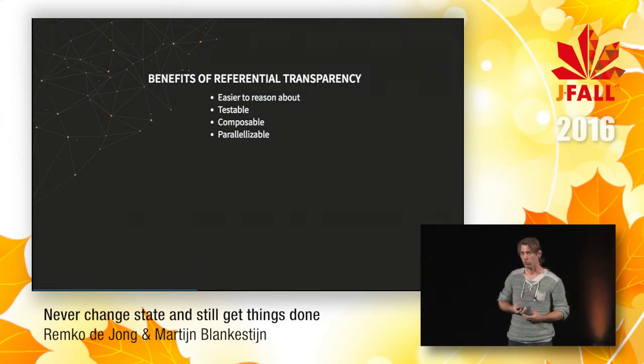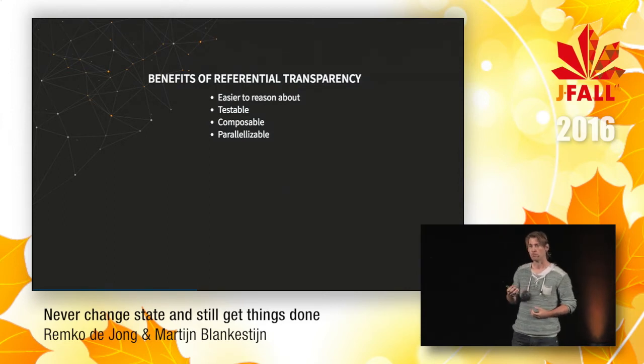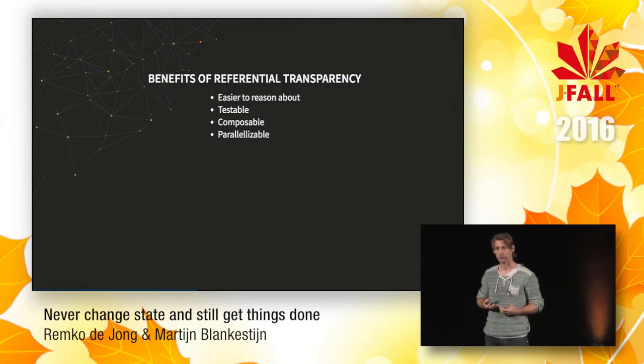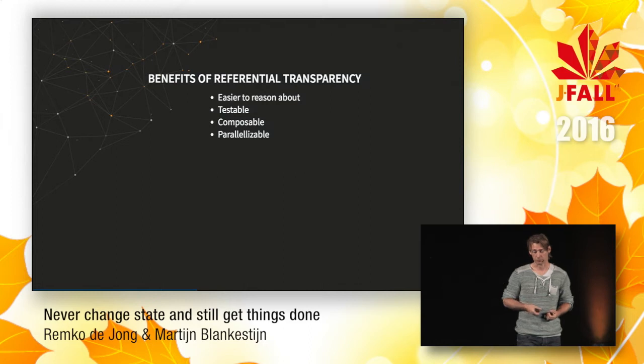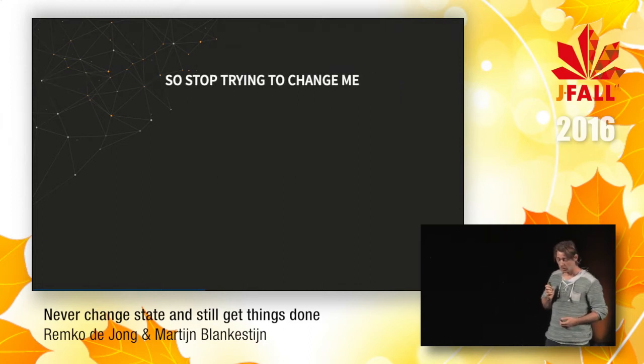Besides this, immutability also makes your code better to parallelize, because there is no shared state, so you can freely hand out copies to other processes and start running computations on those.